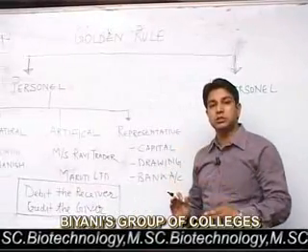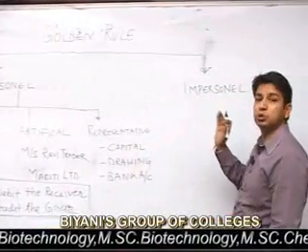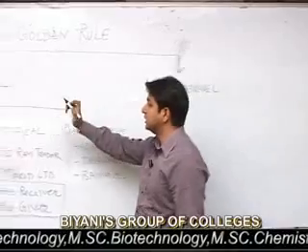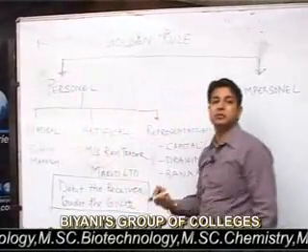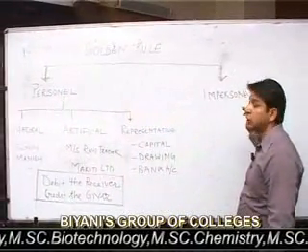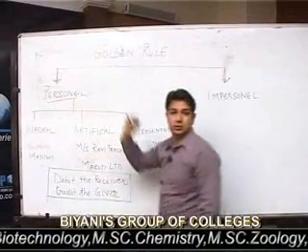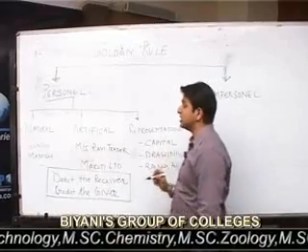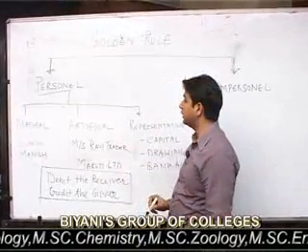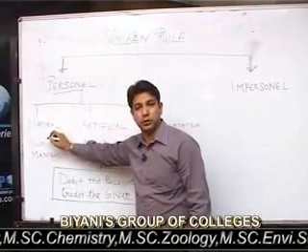Generally, the accountancy rules are divided into two parts: one is personal and second is impersonal. Here, the word personal comes from person. The personal rule is further divided into three parts. One is natural.